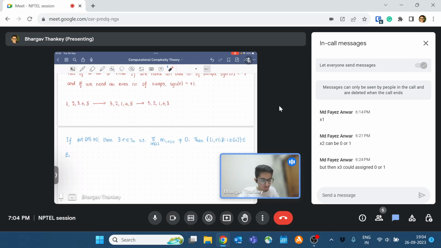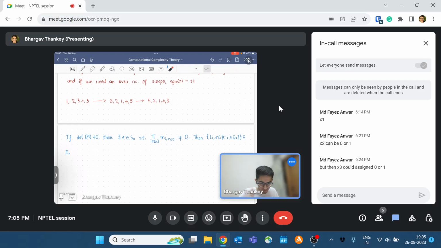When can this product be non-zero? If all of these elements are non-zero. There is a mapping from i to sigma(i) in the bipartite graph. Since the matrix we are looking at is an adjacency matrix, M_{i,sigma(i)} being non-zero means the (i, sigma(i)) entry is one, which means (i, sigma(i)) is an edge. So this is a subset of E.